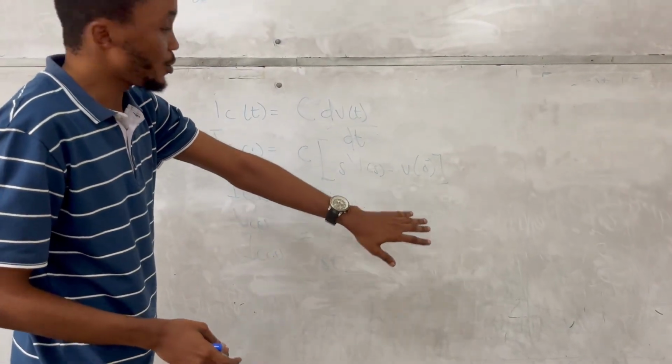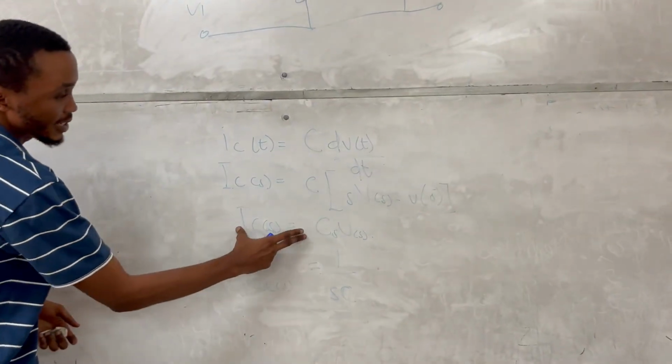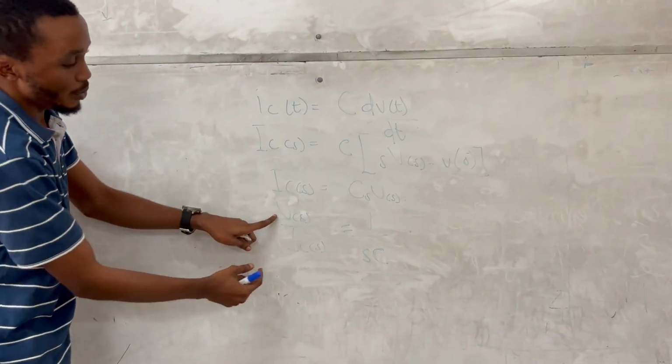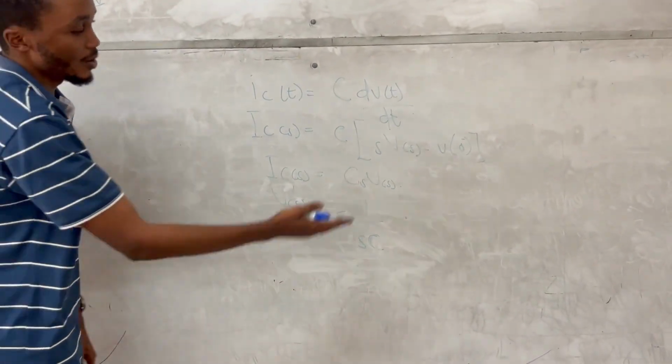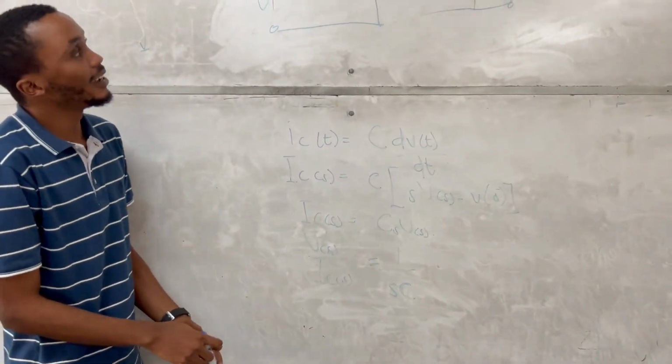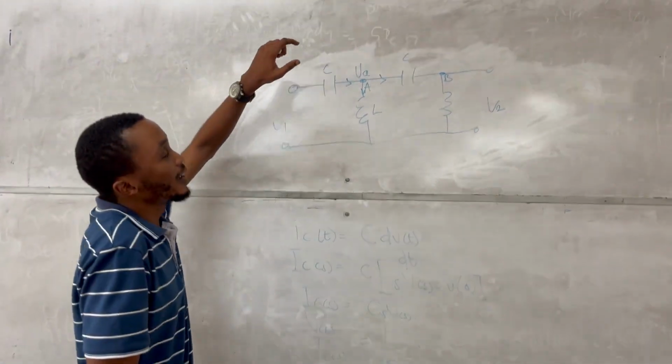Rearranging the equation in terms of V(s) over I(s), we arrive at 1 over sC, which is the Laplace of the capacitor.